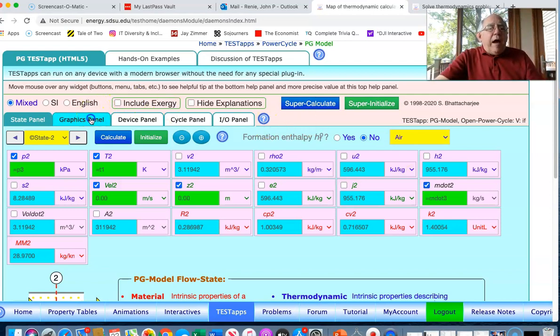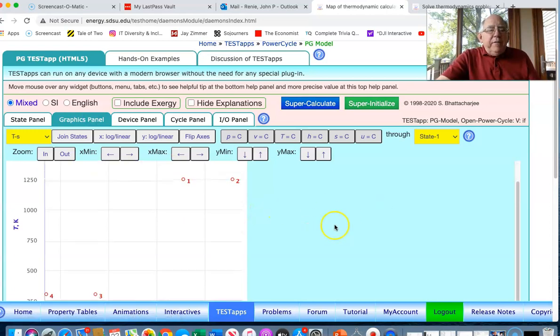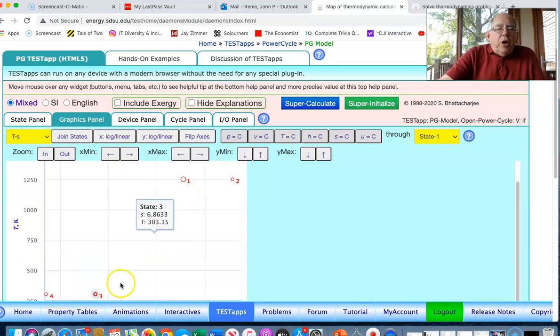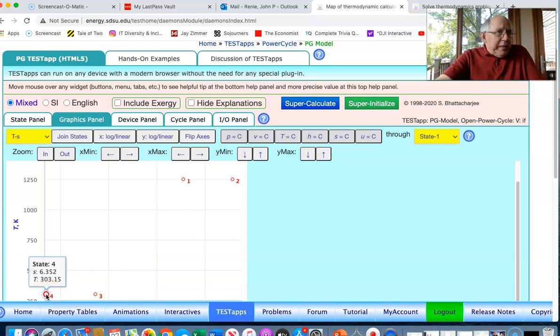If we look at that on the graphics panel, we start off with the incoming flow at 3. We compress it at a constant temperature to a lower entropy value, because pressure has that effect. As pressure goes up at constant temperature, and then from 4 to 1 we have just a constant pressure process as we go through the heat exchanger to state 1.